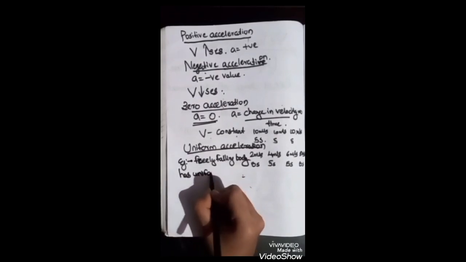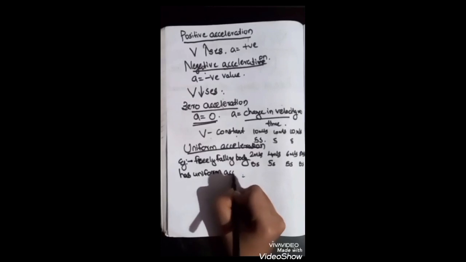That is, when I throw a ball upward, it has uniform acceleration. Here the change in velocity is equal in equal intervals of time. That is, the acceleration is constant here. Okay, then it is uniformly accelerated motion.